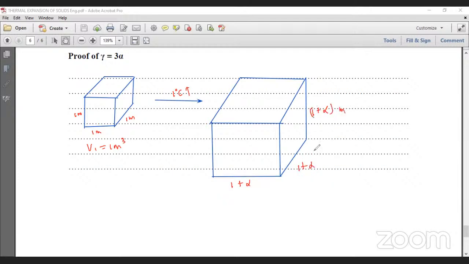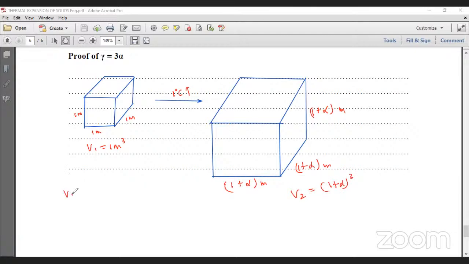All sides increase in length by alpha because of the definition of alpha. So the volume is now (1 plus alpha) cubed.